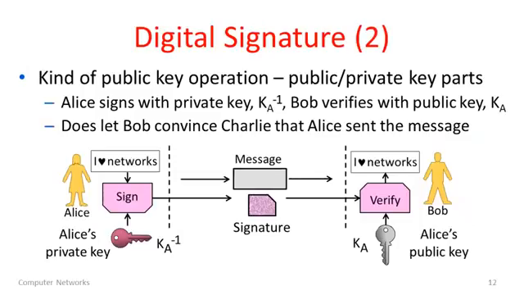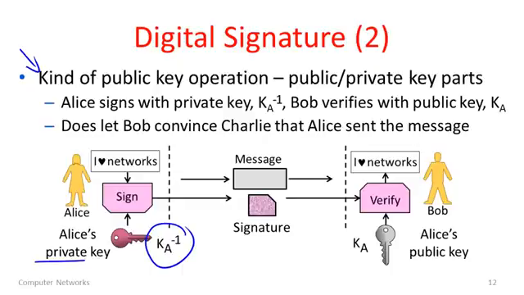So just to look a little more, here is what happens in a digital signature. A digital signature is effectively some kind of public key operation. The keys again have a public and a private part to them. So you can see here Alice is going to compute a signature. Alice has her private key, only she should have it. She keeps that secret, she doesn't give it to anyone else.